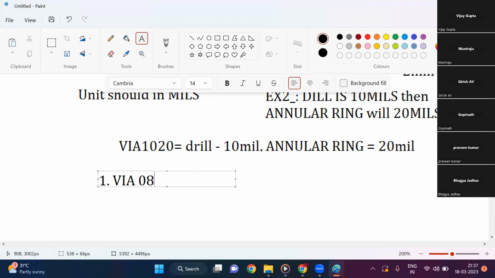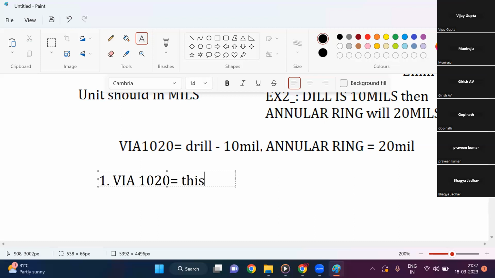You can use via 10 20; just start from 10 20, and later, if you have some ideas, we'll see. Via 10 20 means a 10 mil drill and a 20 mil annular ring.